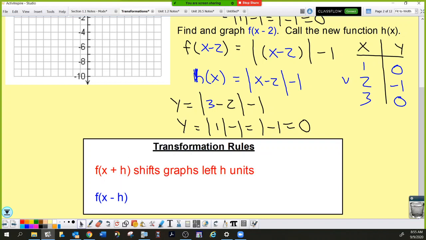So adding something on the inside moves you left that number. Subtracting H on the inside would move you right that number. So the outside changes were exactly what they thought they should be, and the inside changes were the opposite of what we thought they should be. Interesting.